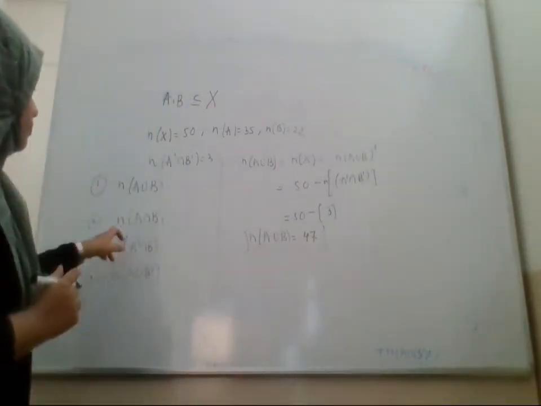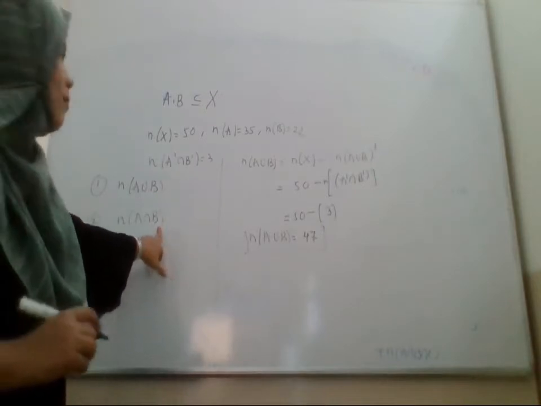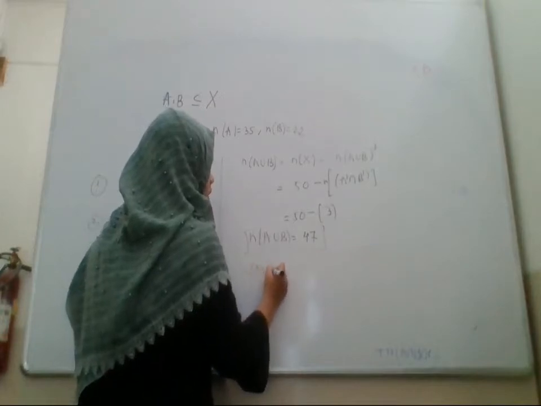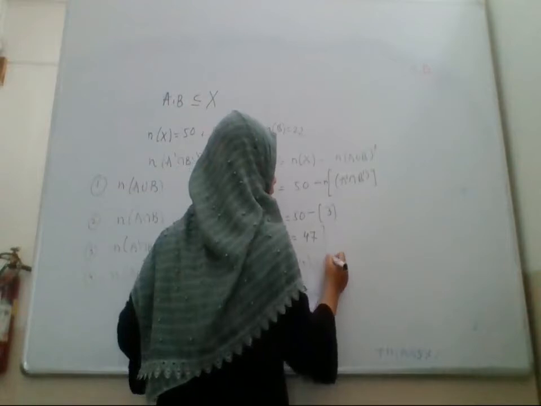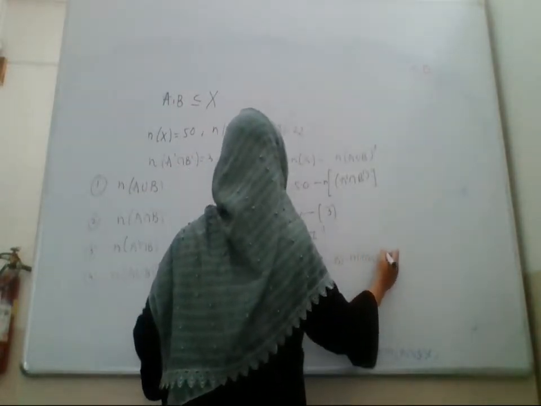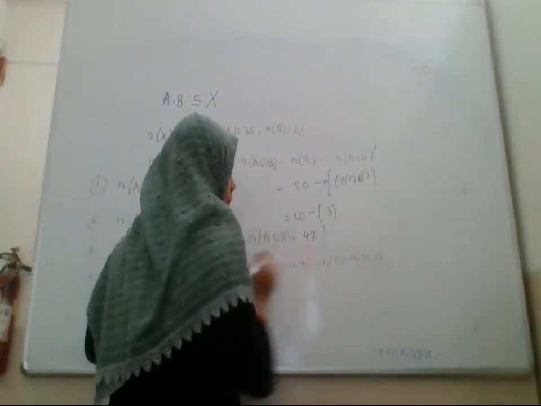Now cardinality of A intersection B, जो हमने फॉर्मूला देखा है, फॉर्मूला नंबर 1, क्या है वो फॉर्मूला, cardinality of A union B is equal to cardinality of A plus cardinality of B minus cardinality of A intersection B. Now we got this term, ये टर्म को यहाँ पे शिफ्ट करो, ये टर्म को यहाँ पे शिफ्ट करो.